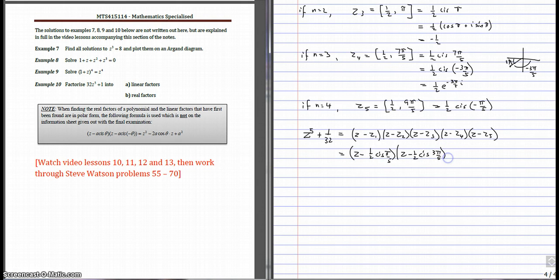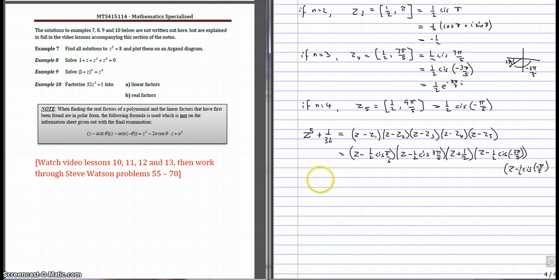Then we have the next one, z minus, or z plus rather, a half, then z minus a half cis negative 3 pi on 5, and I'll have to put it down here, times z minus a half cis of negative pi on 5.